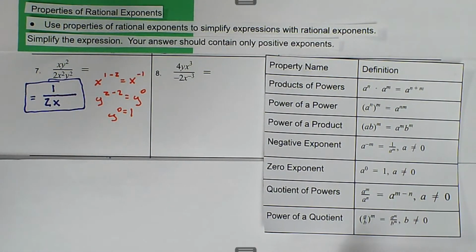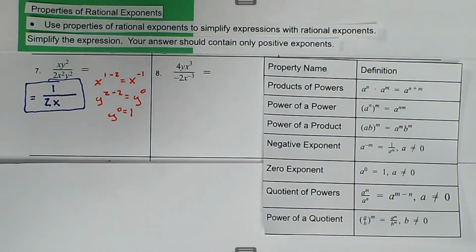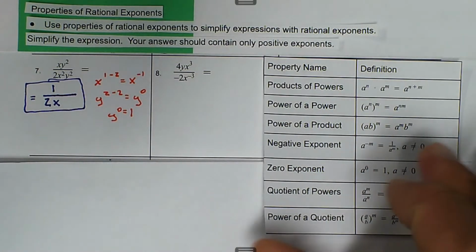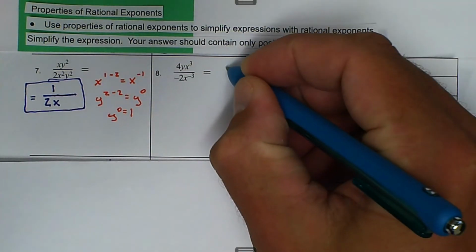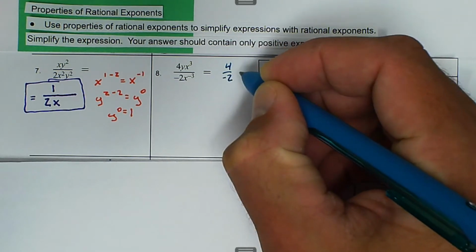Here we have 4 times y times x to the third divided by negative 2 times x to the negative third. First thing I want to make sure I do is I want to reduce my coefficients. So we have 4 over negative 2.